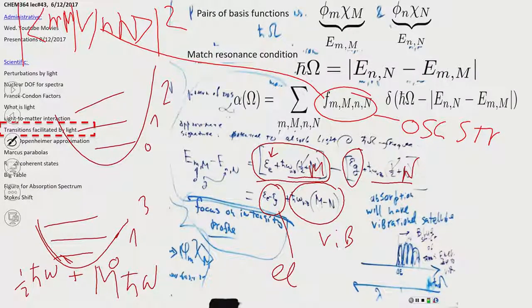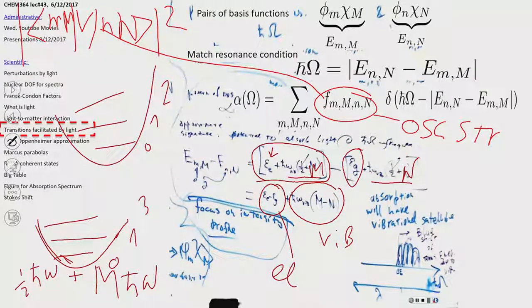But for vibrational states, we can assume that both potential curves are harmonic oscillators. And energies of harmonic oscillators are h bar omega times one-half plus the quantum number. But quantum numbers for initial and final states can be different.